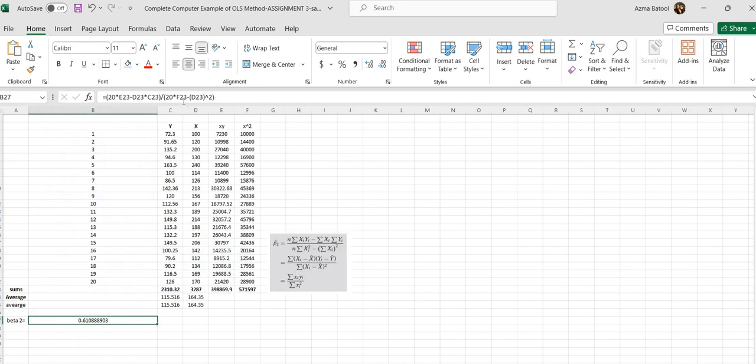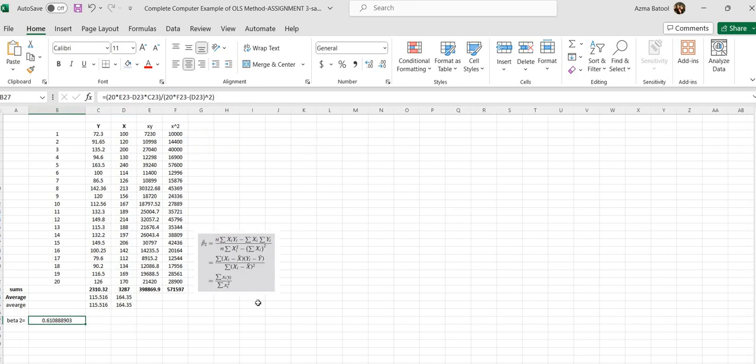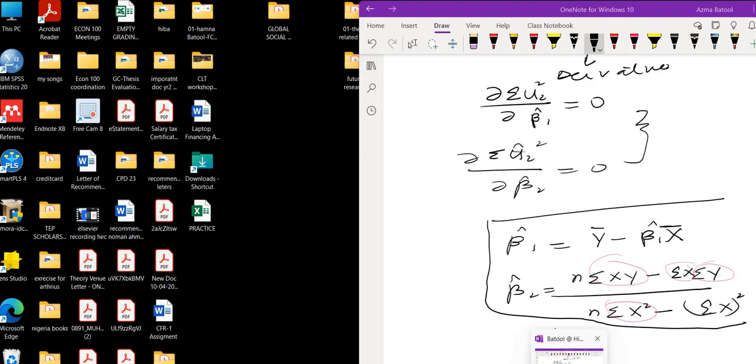Now look at this formula. Can you see that? 20 star, these are the cells, and then slash, and this is the denominator, and you are done, right? So this is the way you calculated beta 2. But you can also see that beta 2 can be calculated by other formulas too, which we'll discuss later. Right now we are working with the first method, which I just mentioned here, and we are done with beta 2.